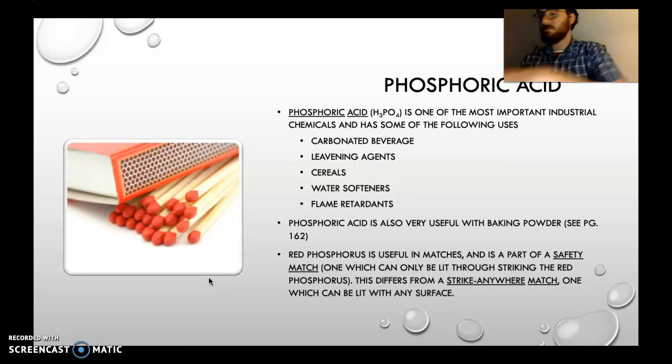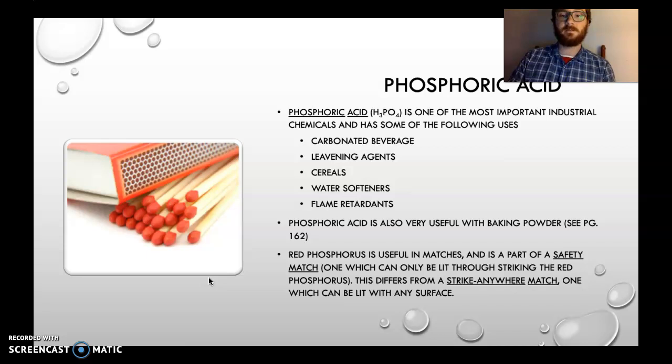I have my textbook here, and if you wanted to open yours to page 162, it explains some of the uses of phosphates and how you make these different phosphates, and even how the cell uses phosphorus. Pretty cool.